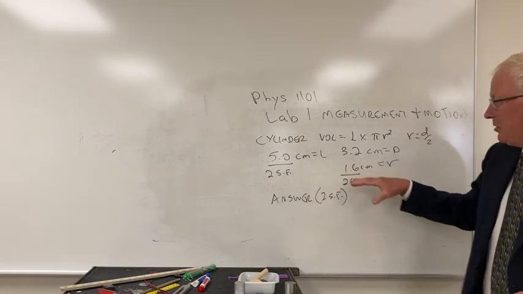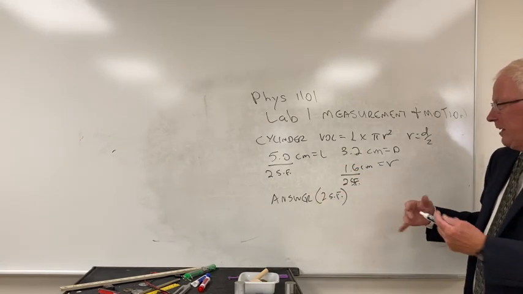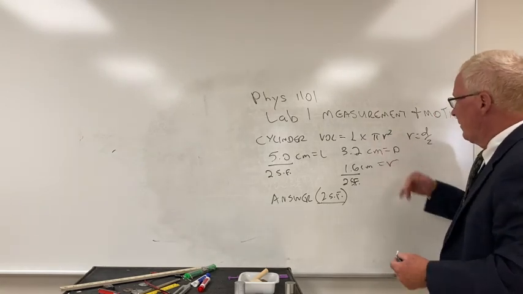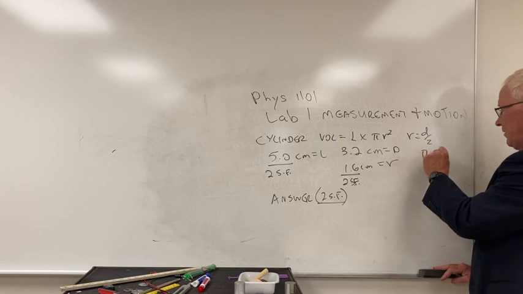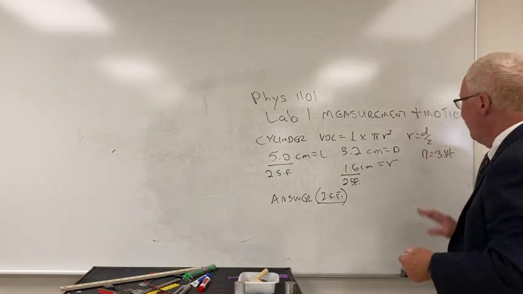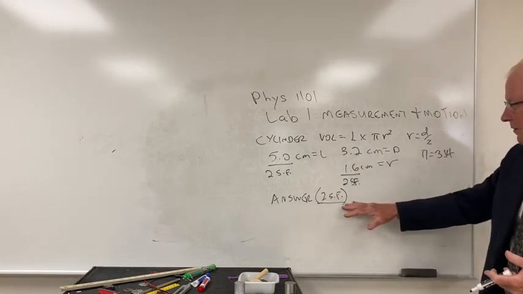If each measurement is two significant figures, you can't have more in the volume. Because pi is 3.14, if you multiply this all out, we'll get a certain volume, but it won't be that. So our answer can only have two significant figures.